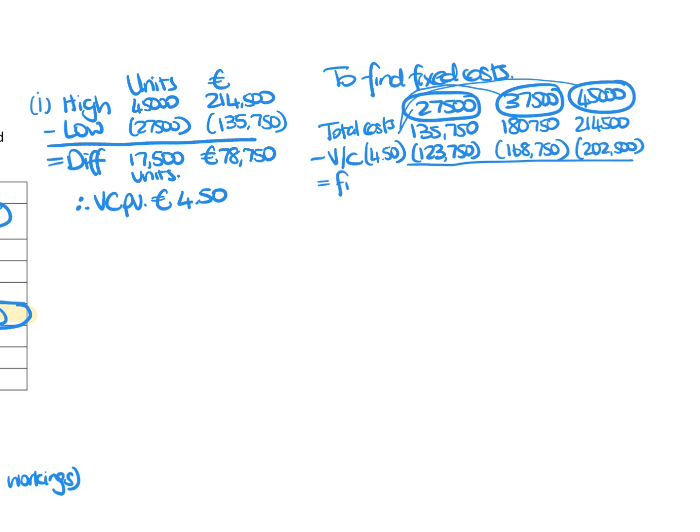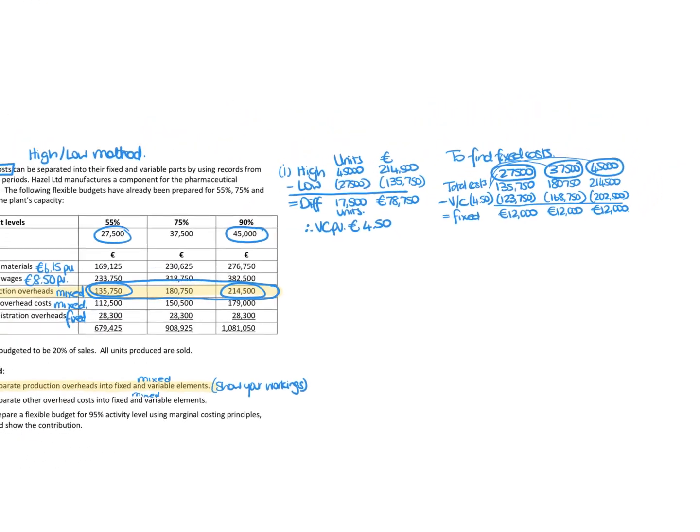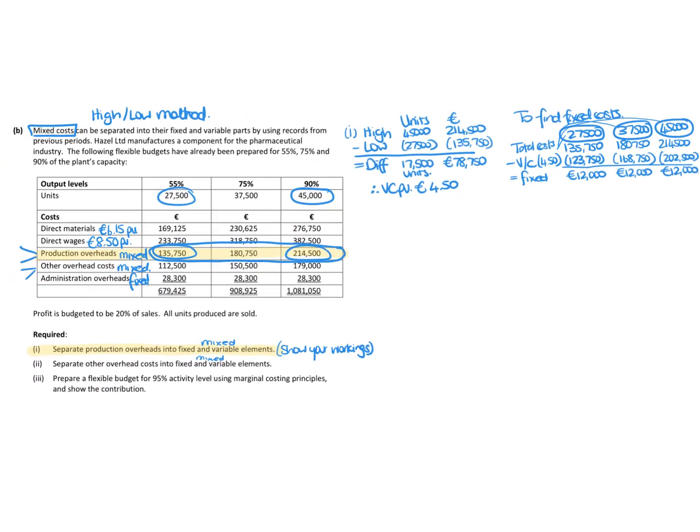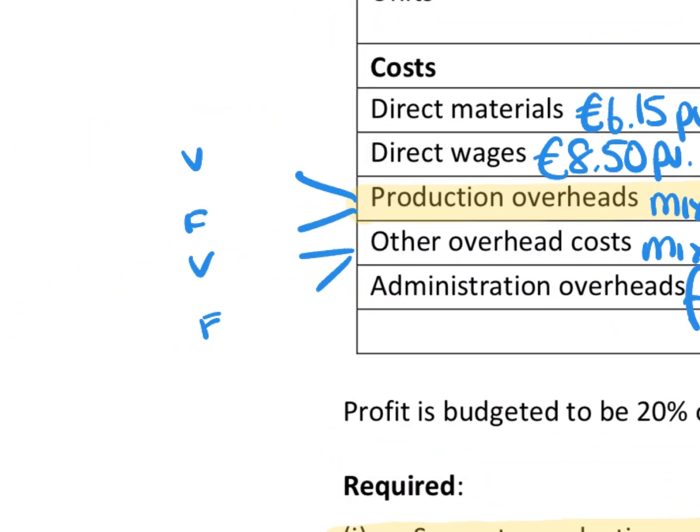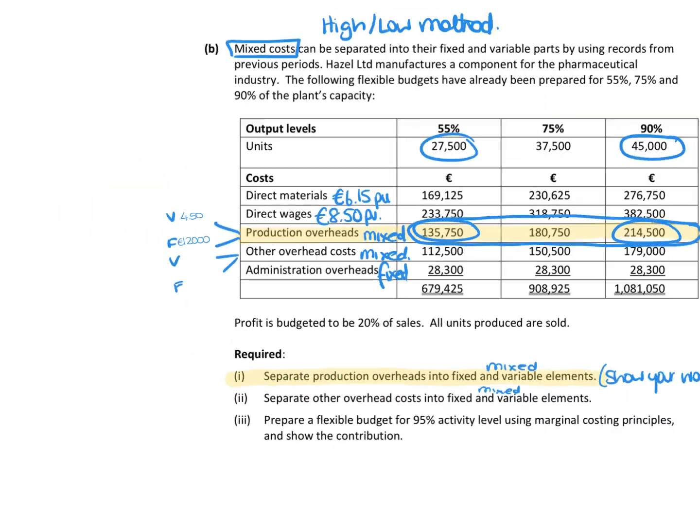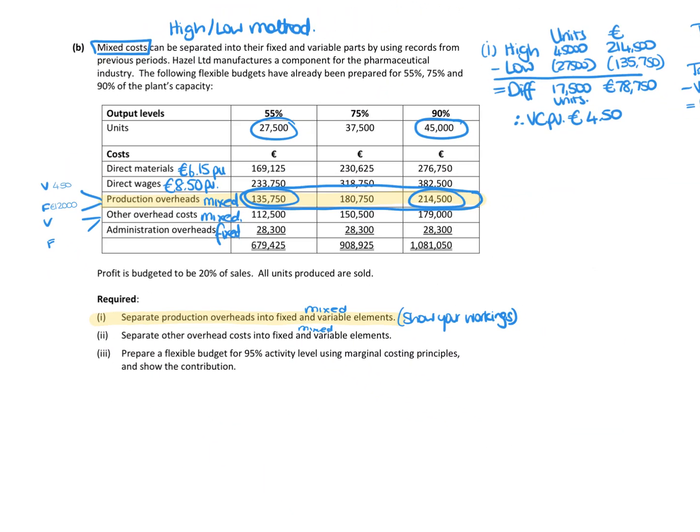That is going to give us fixed cost then 12,000. Okay, so that is how to get the variable and the fixed. So production overheads €4.50, and then 12,000 is the fixed. Okay, for production overheads.